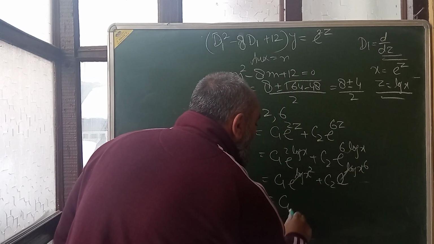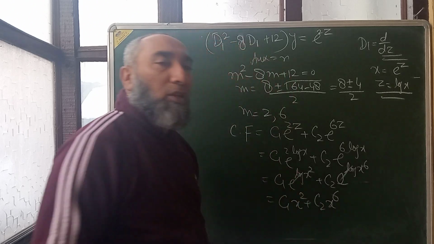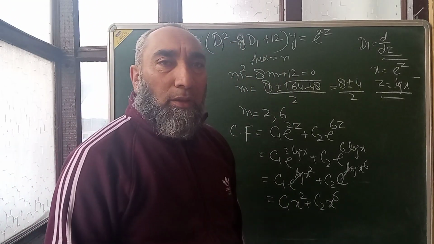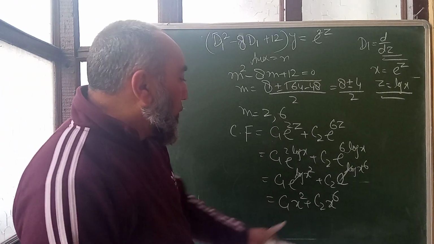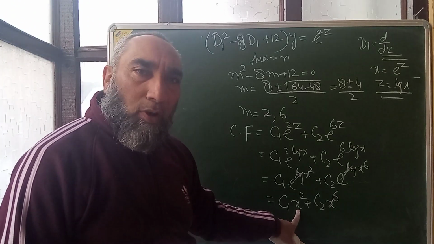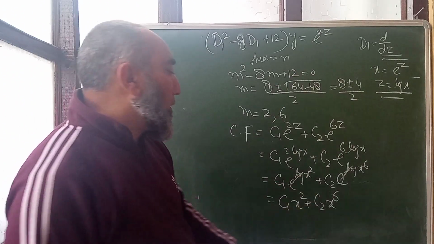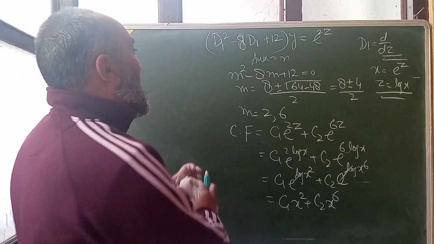So this is c1 x square plus c2 x to the power 6, because my original equation was in terms of x and y, x square D square and so on. So my complementary function as well as particular integral should be in terms of x, not in terms of z. This is the conversion only. So this is the complementary function in terms of x. Now the particular integral.